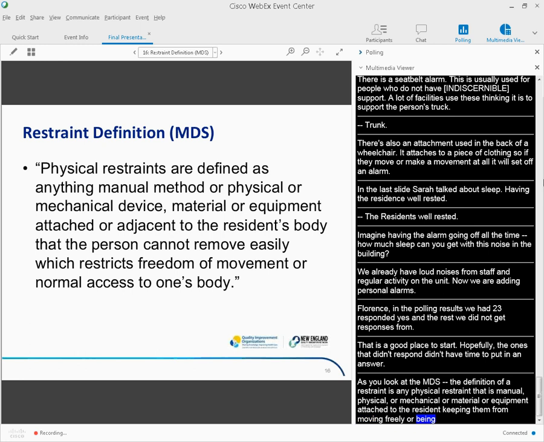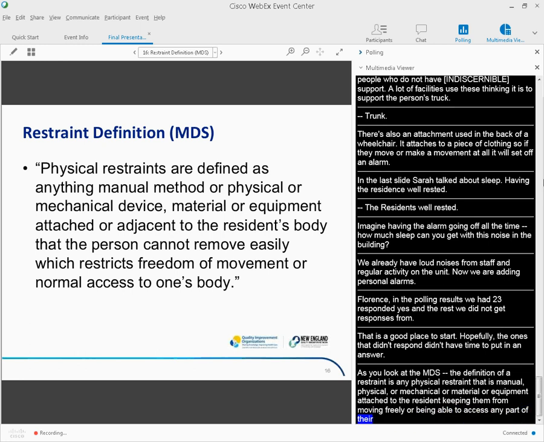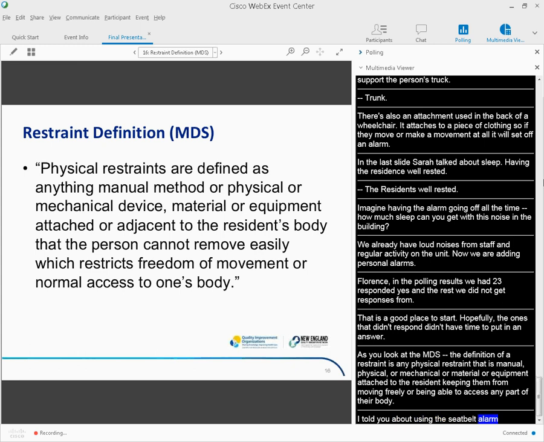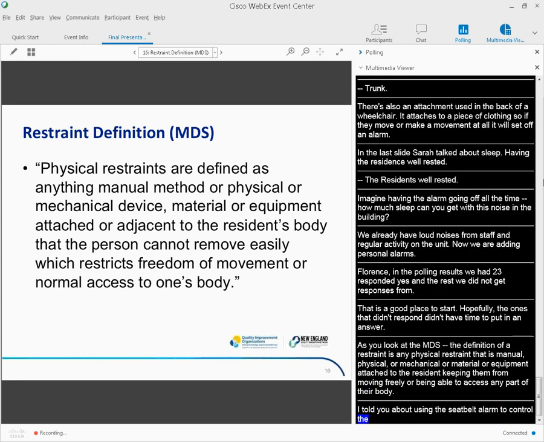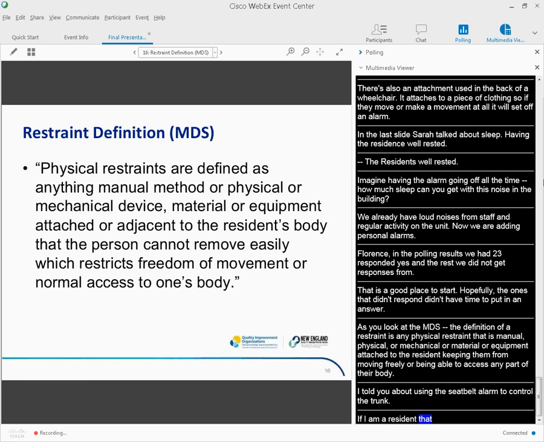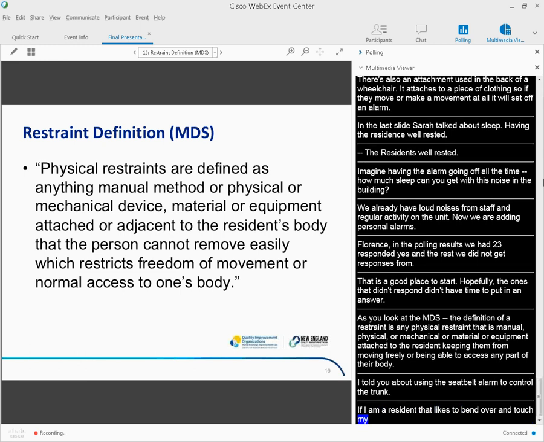So I told you about using the seatbelt alarm to control trunk. So if I'm a resident who likes to bend over and play with my feet, and you put me in a seatbelt restraint to keep me from doing that, that's a seatbelt alarm.